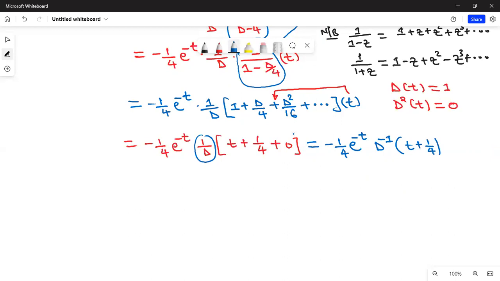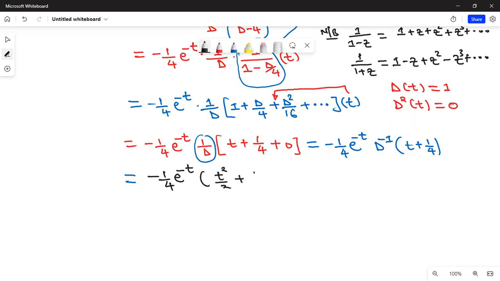D inverse means you integrate with respect to t, and so that should give you, let me use another color, -1 over 4 exponential -t. When you integrate t, you get t squared over 2.